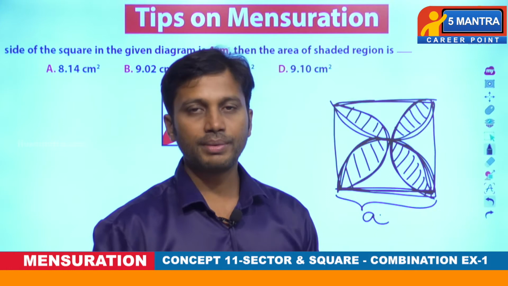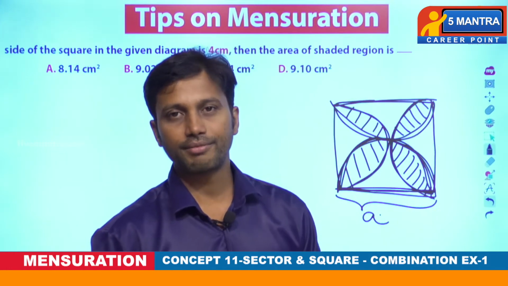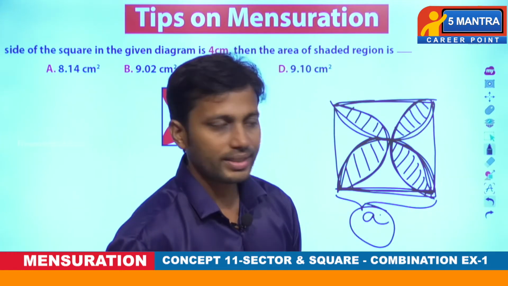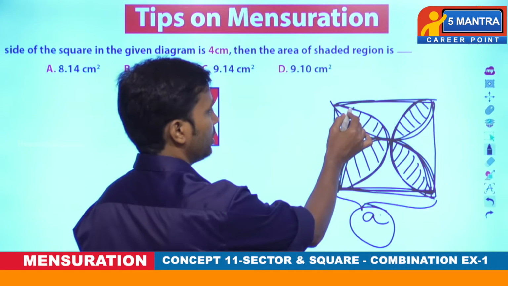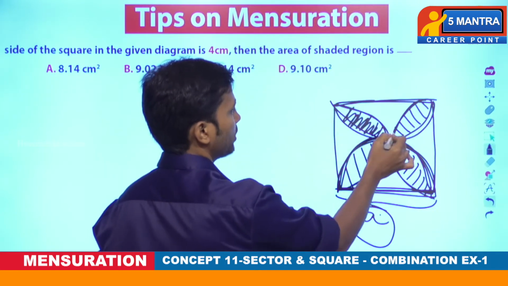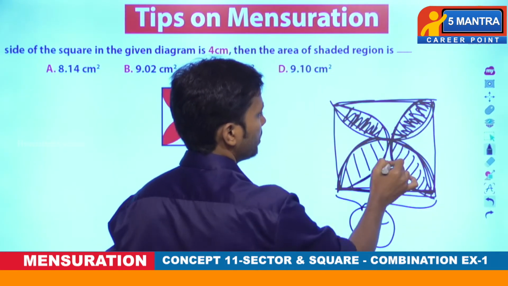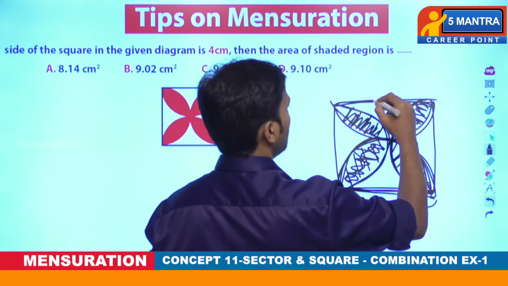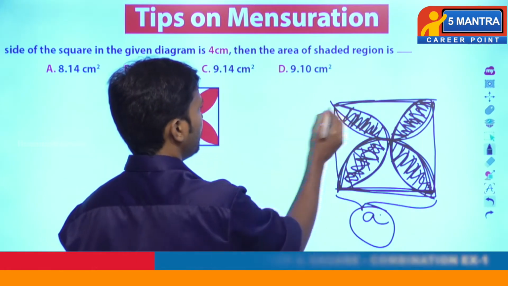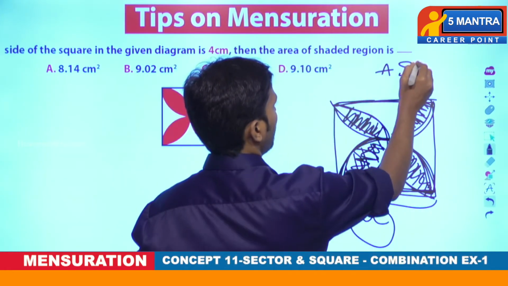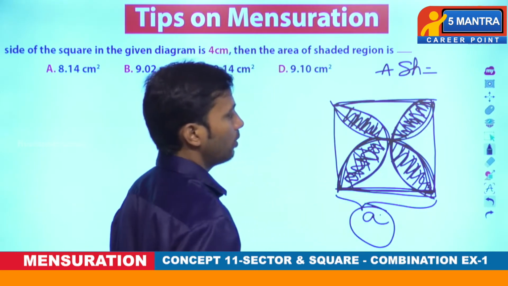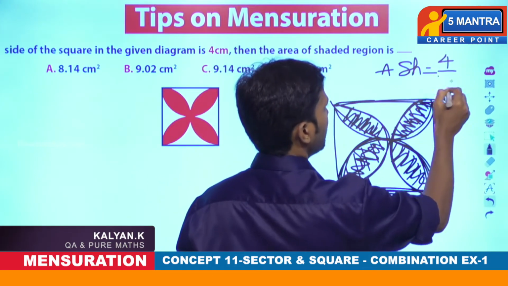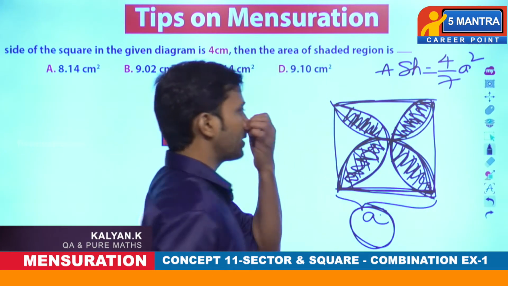For them, the diameter and the side of the square are both the same, and that would be your A. Then what is the area of this shaded portion? That I told you in the previous class. The area of the shaded region is equal to, if A is a side, 4 by 7 A square.